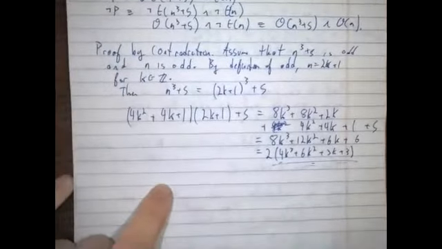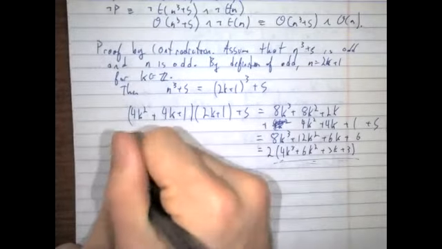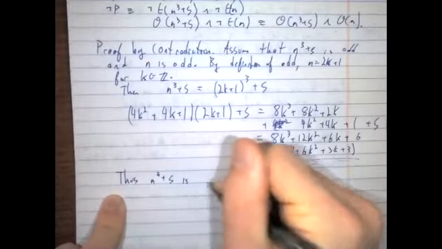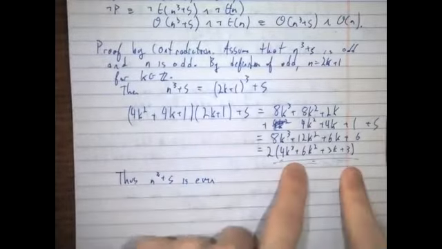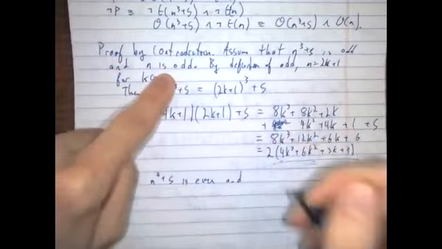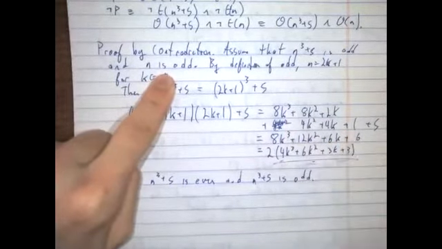So what do I conclude from this? n cubed plus 5 is even. Thus, n cubed plus 5 is even. That's what I get from here. And from the assumption, n cubed plus 5 is odd.